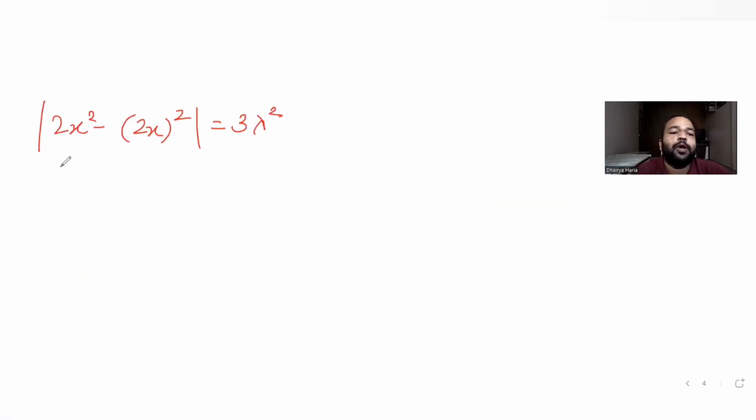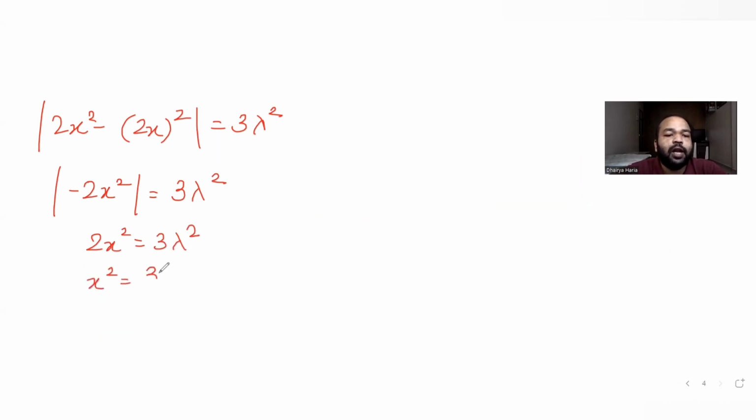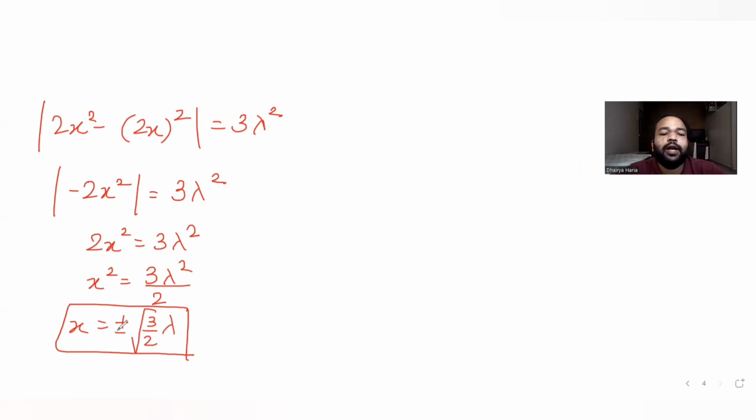So you get this becoming 2x² minus 4x², that is mod of minus 2x² is equal to 3 lambda square. So if I take the mod, you get 2x² is equal to 3 lambda square. From this, you understand that x² is 3 lambda square by 2. Taking square root on both sides gives you x is equal to plus minus √3/2 lambda. So you get the x coordinates of points R and S.